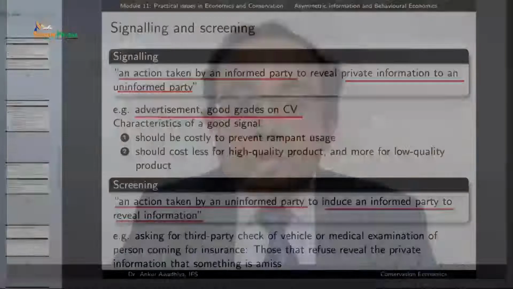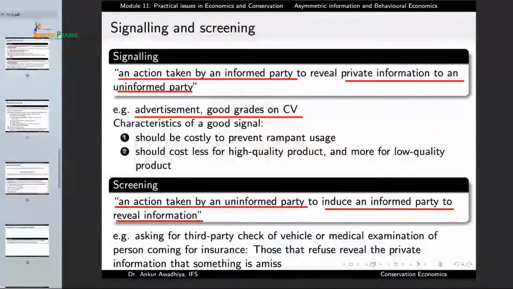Don't you see that I am a healthy person? If somebody says that, no, I do not want to go for a third party examination or a medical examination, then this party is giving out information. Because if everything was right, then why would this party want to avoid the examination? And so this becomes a form of screening.